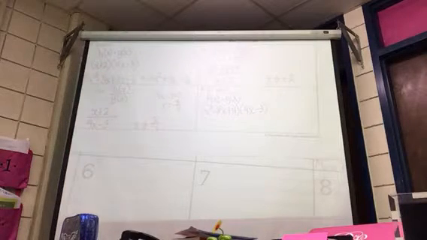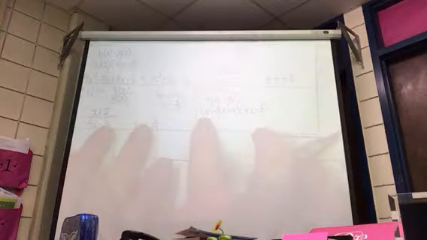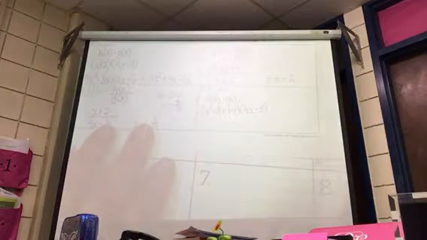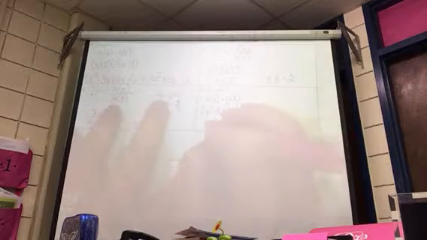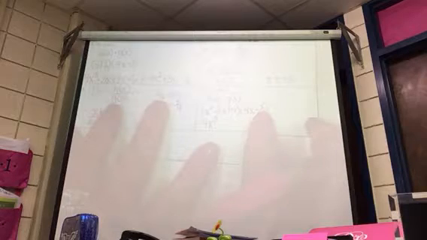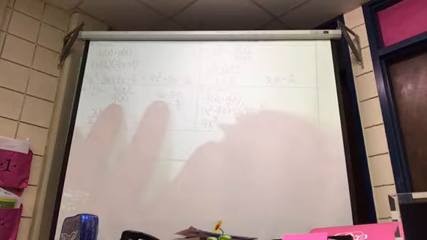Can I multiply these together? Yes. Can I just distribute everything? Yes. So I have x squared times 4x. What is that? 4x cubed. And x squared times negative 3 is negative 3x squared.